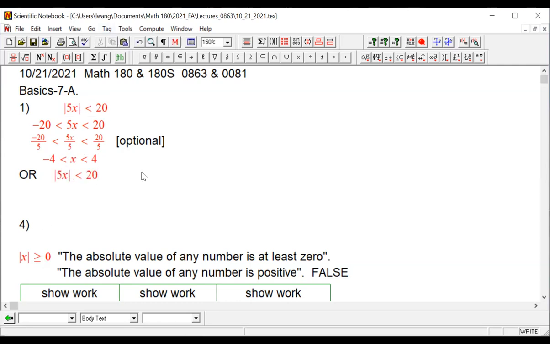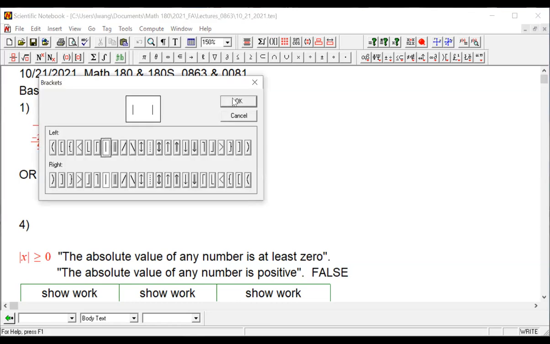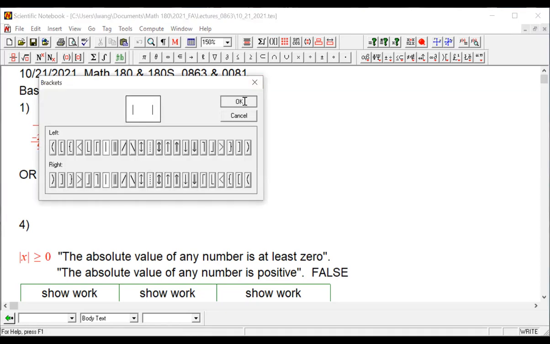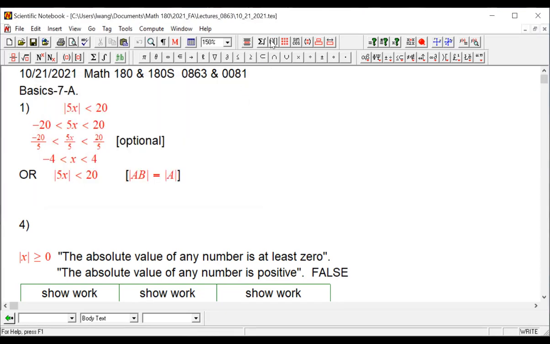The absolute value of a product is the product of absolute values. So if we have two quantities, A times B, you take the absolute value of a product, and that's going to be the same as taking the absolute value of each separately and then multiplying.